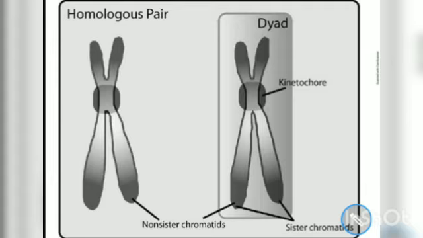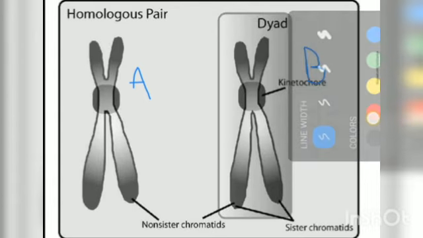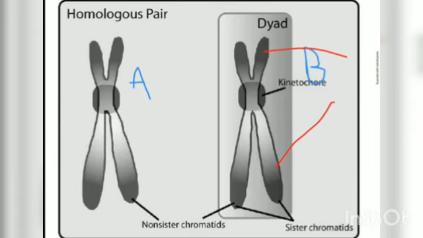Let us consider this one is chromosome A and this one is chromosome B. Here you can see they look similar to each other, and as we have discussed, this is the arm of your chromosome, and this part is called your chromatid.